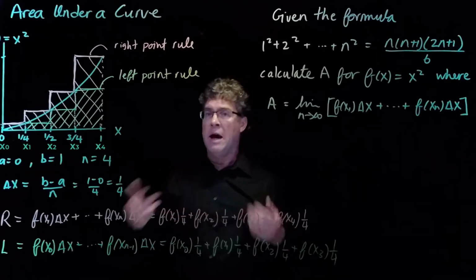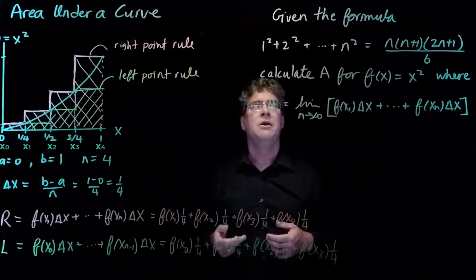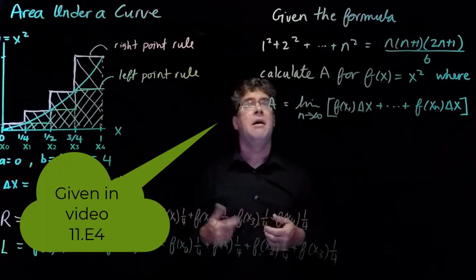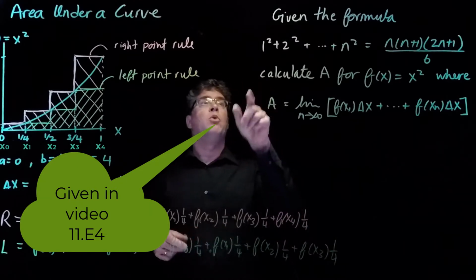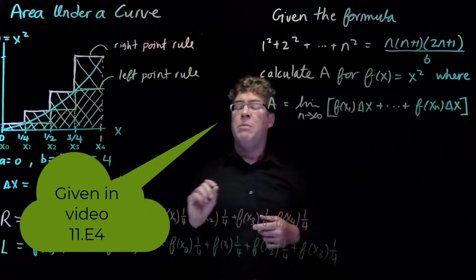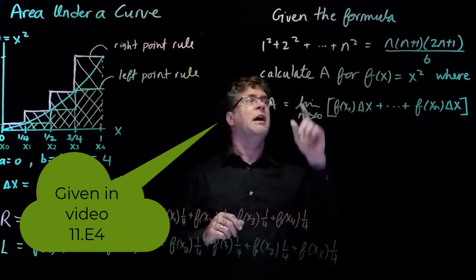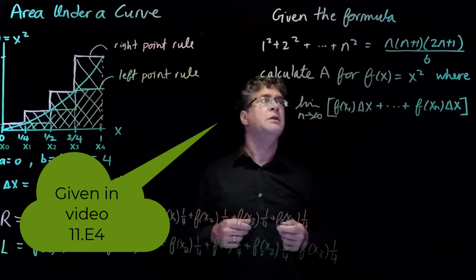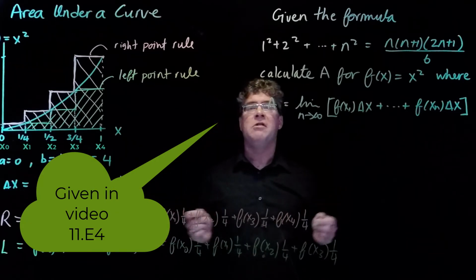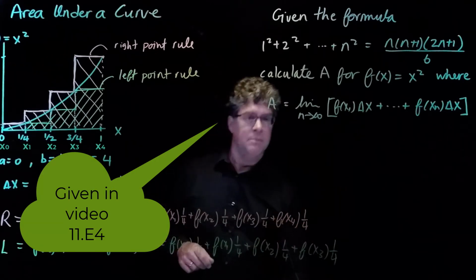Now to actually do this calculation, we need to know a fact about sums, and that is that the sum of 1 squared plus 2 squared all the way up to n squared can be calculated exactly as n times n plus 1 times 2n plus 1 over 6. We're going to use that in our calculation.